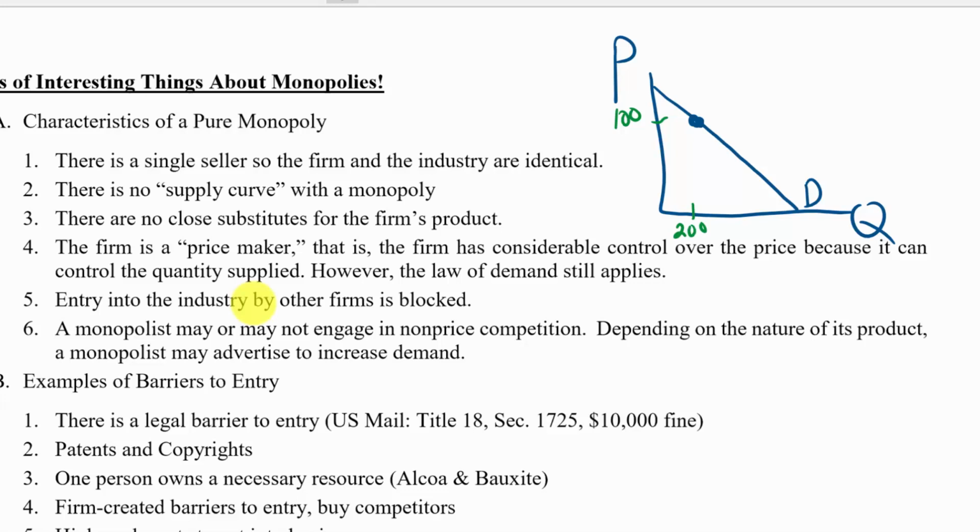If you can advertise and make people believe that your product is more valuable and that they should buy it because it's healthy or something like that, or it's fashionable, then maybe you can increase people's willingness and ability to buy your product. And then there might be another point over here where you could sell at a higher price, say $120, but even sell more, maybe 300 units after you increase the demand.